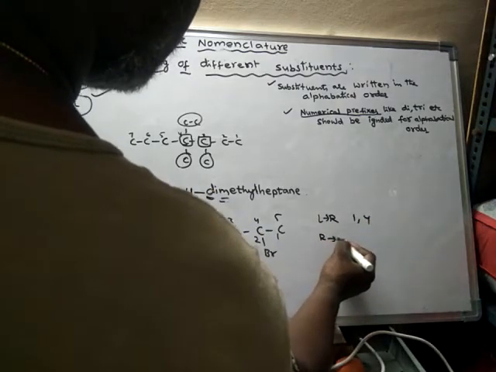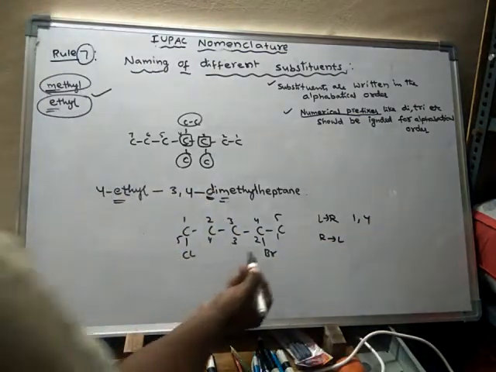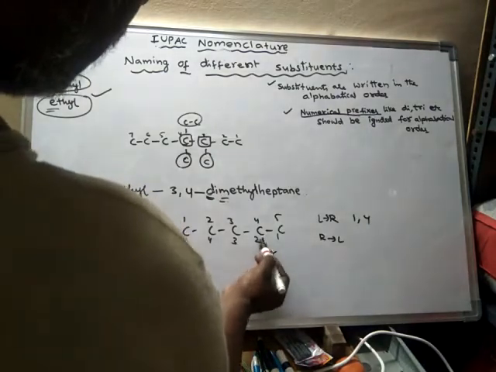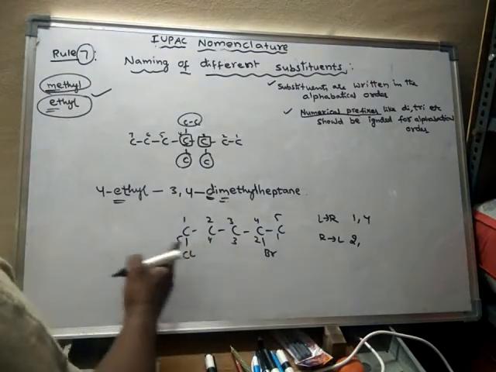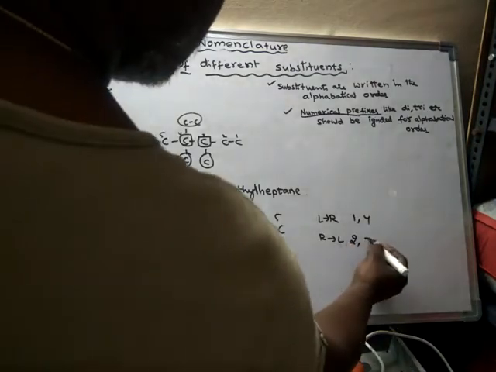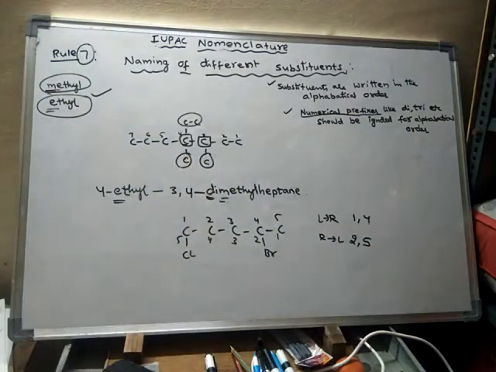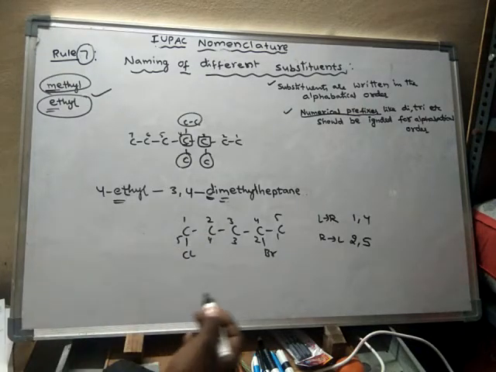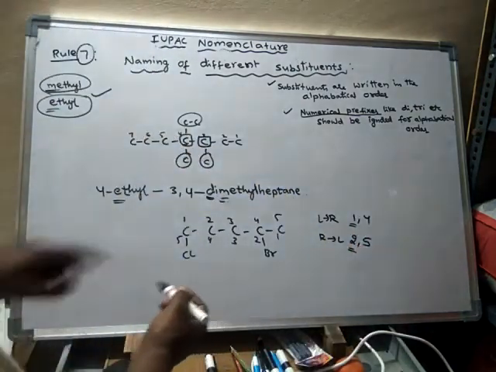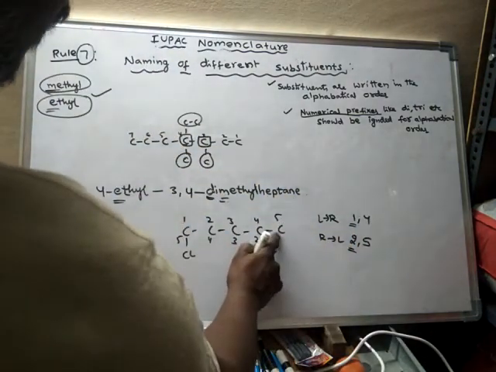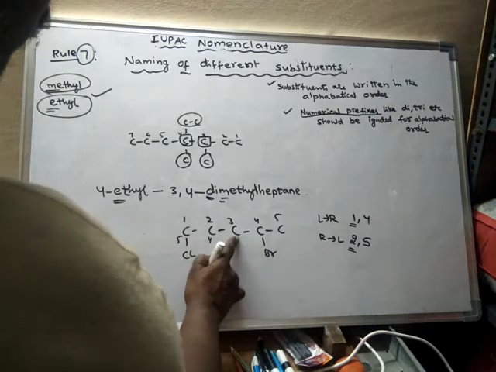From right to left, the first substituent appears on the second carbon, and the second substituent is appearing on the fifth carbon. So remember that numbering is done in the direction in which the first substituent is given the lowest numbering. So the first substituent in which case is lowest numbering? That means 1. Hence from left to right we have to follow.